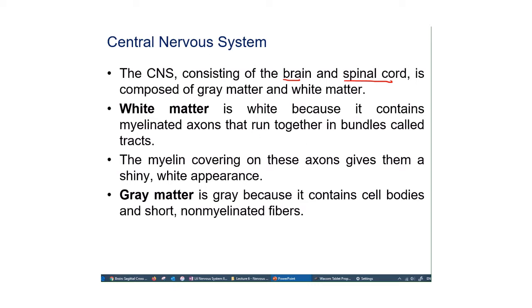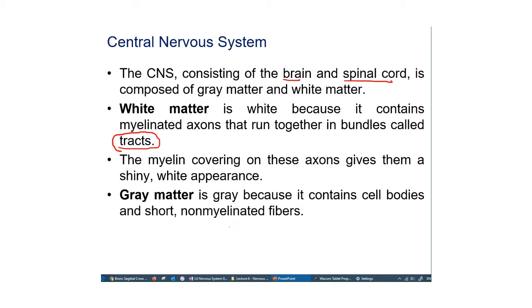Okay, so within the central nervous system, a bundle of axons is what we call tracts. So these tracts are important for conveying information, carrying signals from one place to another, and that's essentially what white matter is. On the other hand, we have gray matter, which basically is everything else. So there are the cell bodies, there are some glial cells, there are some short non-myelinated fibers.